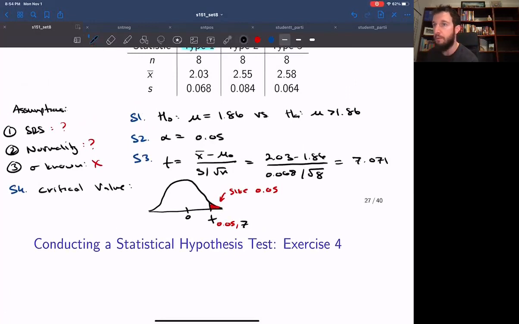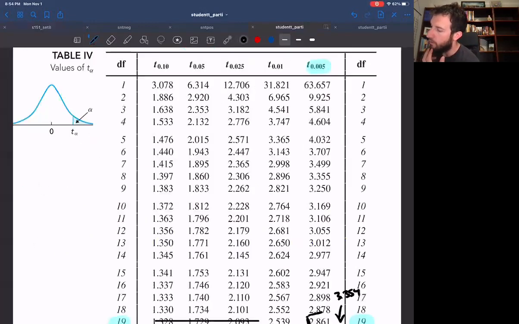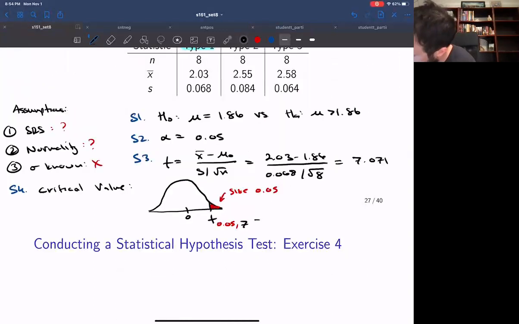So the degrees of freedom is 8 minus 1, which is 7. We go to our t-table. We match 0.05 to 7. That gives us 1.895. So the critical value for this test is the t-value on 7 degrees of freedom and 0.05 upper tail area, 1.895. Okay, then we take our test statistic. We can see that this is much bigger than the critical value. So the test statistic is well inside the rejection region, so we can reject here.